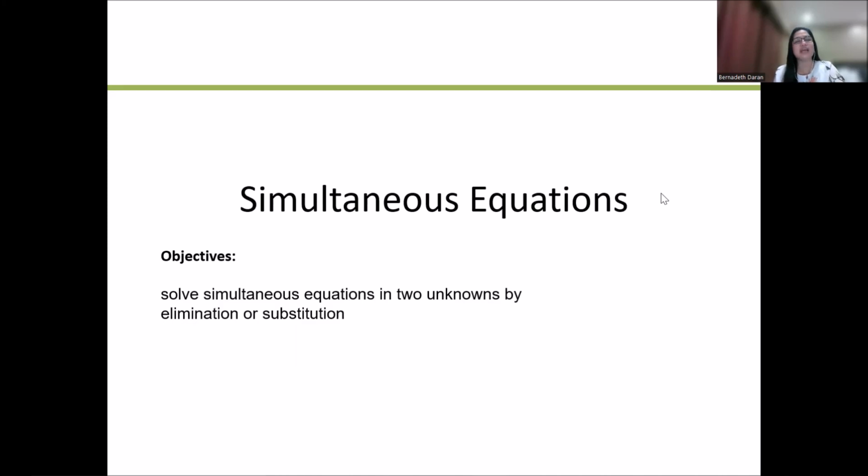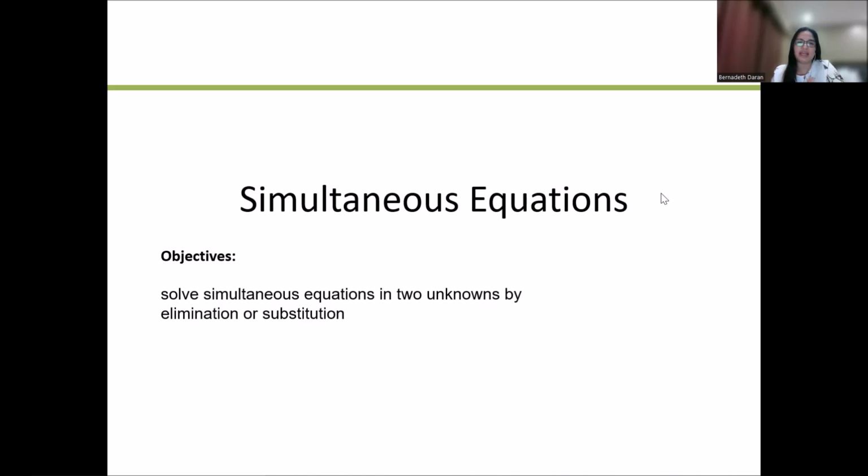And we can use simultaneous equations to solve everyday problems when two or more situations are being compared. So for example, you could compare two car companies that have different daily charges and different mileage rates. Or you could also compare mobile phone contracts to find the cheapest deal depending on how long you keep the phone.